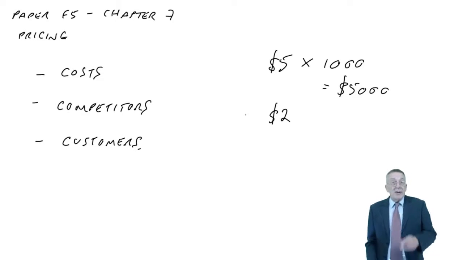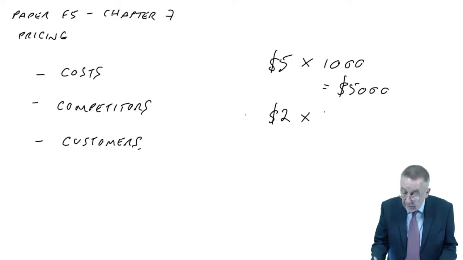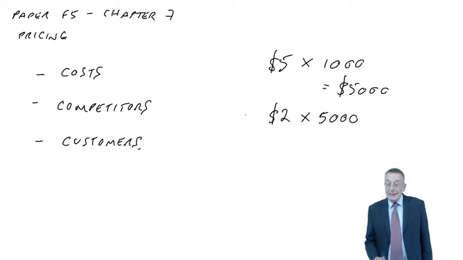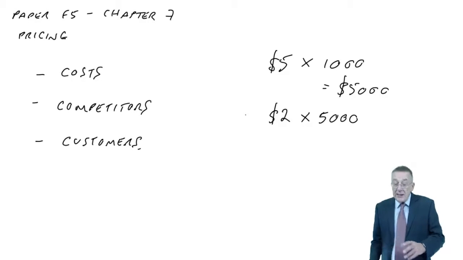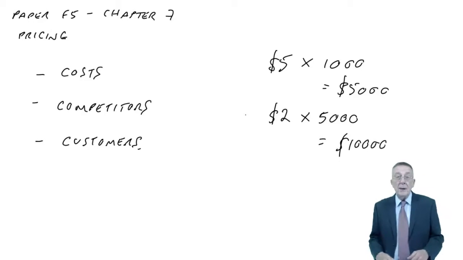Obviously I'm making a lot less profit, but suppose because of charging a lower price, we managed to sell a lot more. Maybe I could sell 5,000 units if I dropped the price. In which case, of course, even though the profit per unit is lower, the total profit ends up higher, and that in fact would be better.